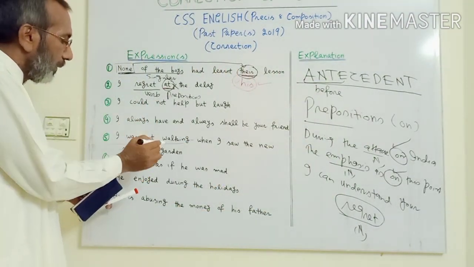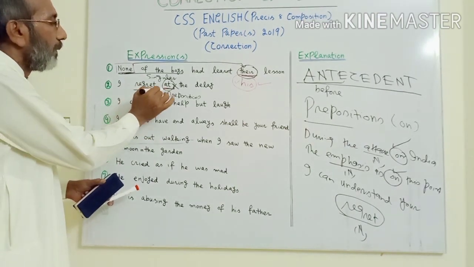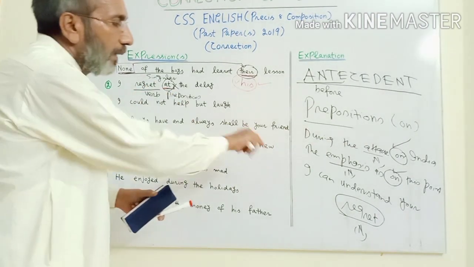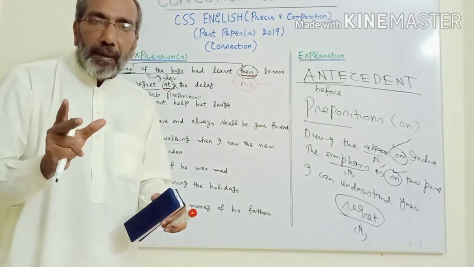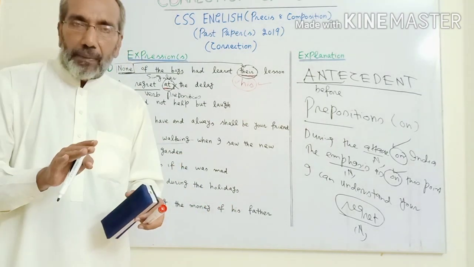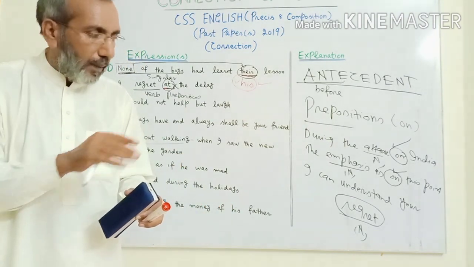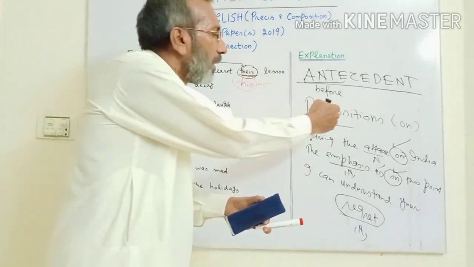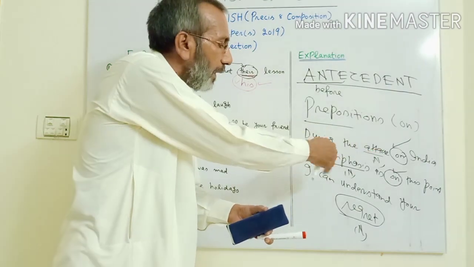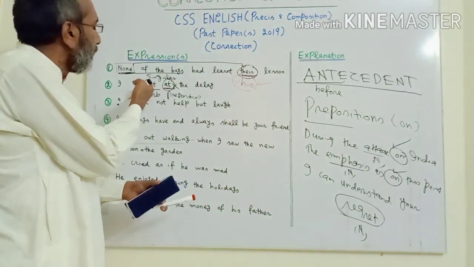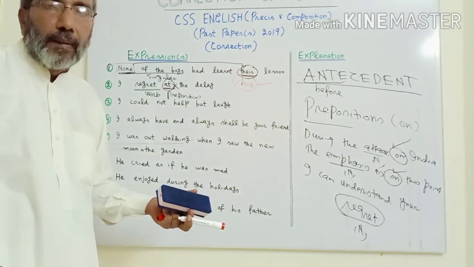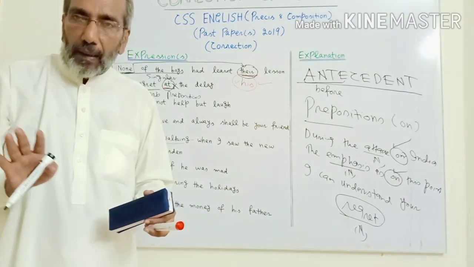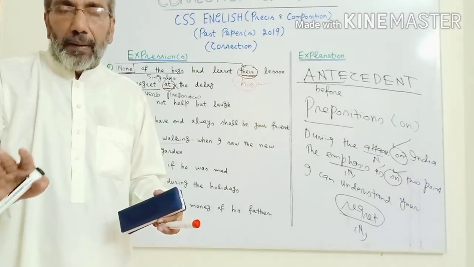When we use regret as a verb, we don't use a preposition, and in this case too, I can understand your regret, we are not using any preposition. So sometimes nouns need prepositions, and sometimes the same word used as a verb or as a noun does not require any preposition. Clear?